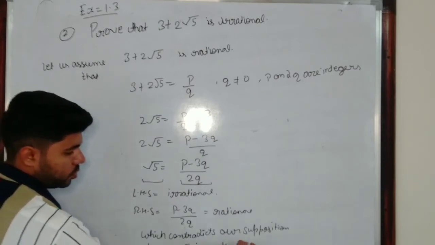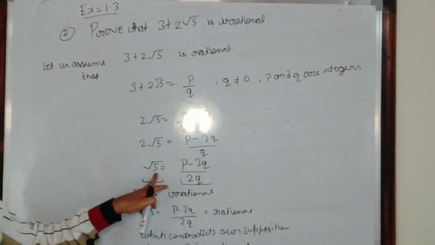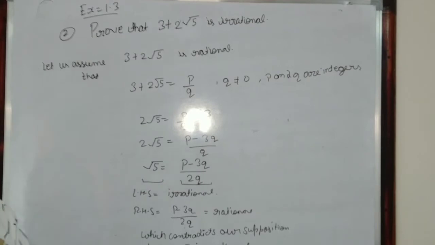Okay students, this question can be for either 2 marks or 4 marks. If it is for 2 marks, you have to solve just this part only. Here root 5 is irrational, and the question may come as prove that root 5 is irrational and then prove that 3 plus 2 root 5 is irrational.